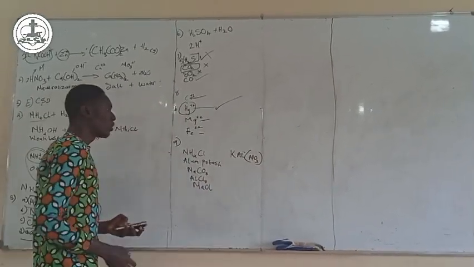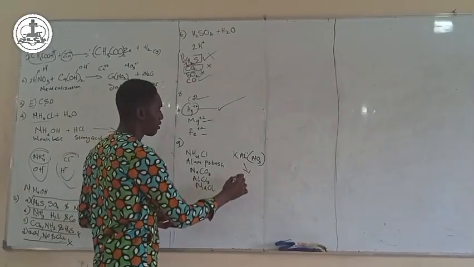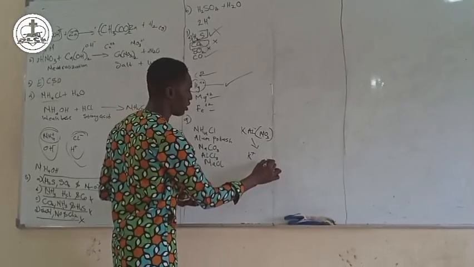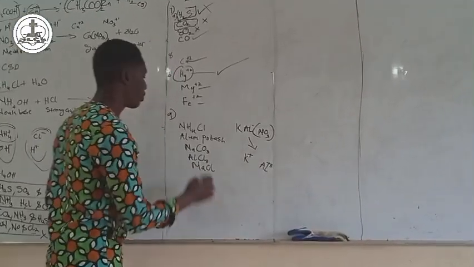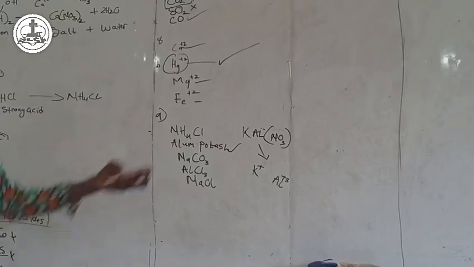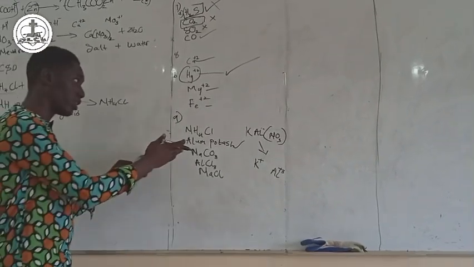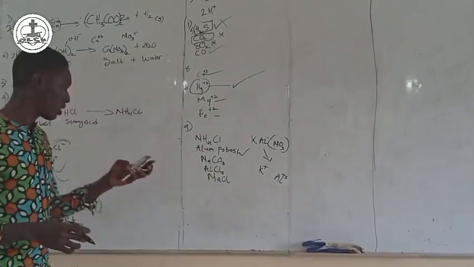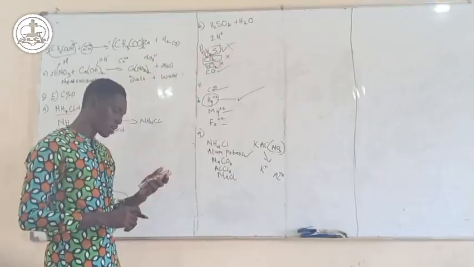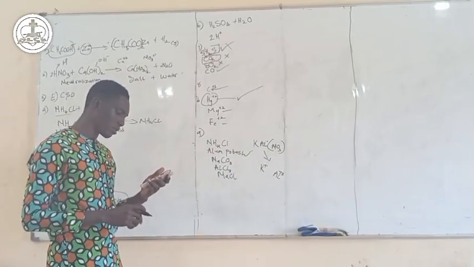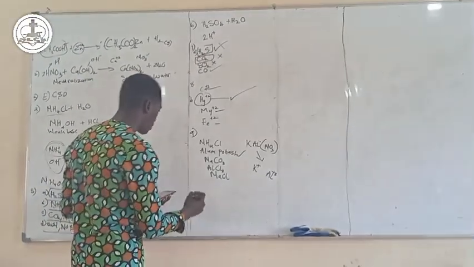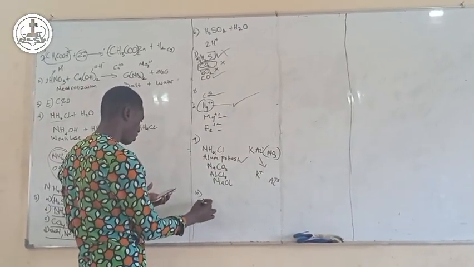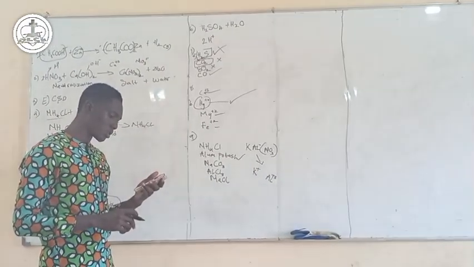Once you dissolve this in water, we have potassium ion and aluminium ion. So it is a double salt. In the option it is alum, but the full name is aluminium potash. So the answer there is B. Question number 10 said elements P, Q, R, S have 6, 11, 15, and 17 electrons respectively.